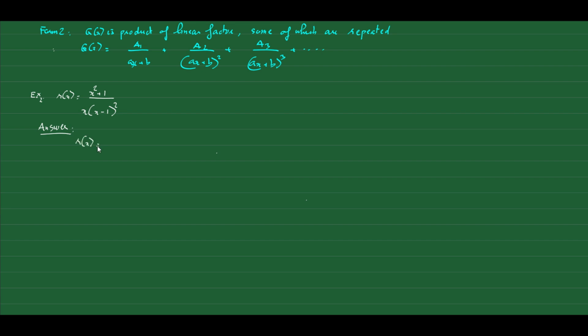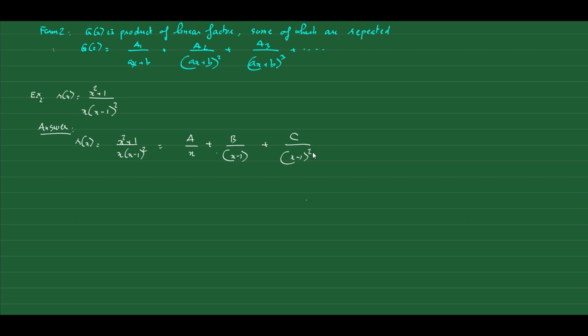So we have something like this. We have A for the first linear factor and B for the second factor. You can do A1, A2, it doesn't matter, but I'm going to use A, B. And because this one is repeated, you're going to use C for the next factor.